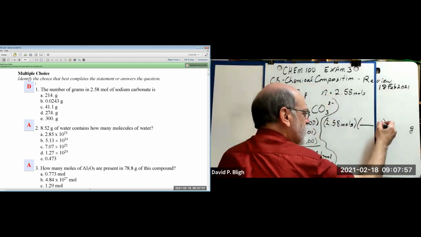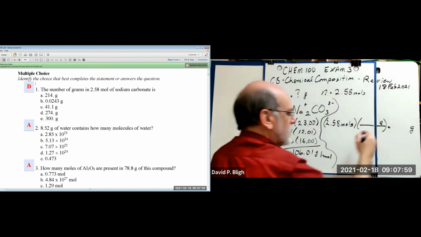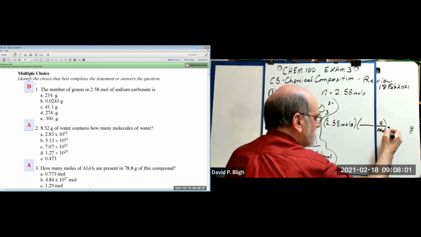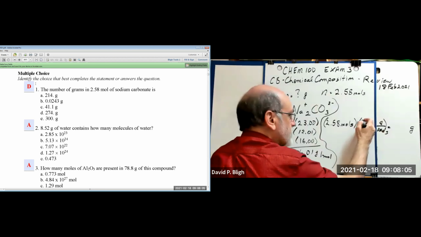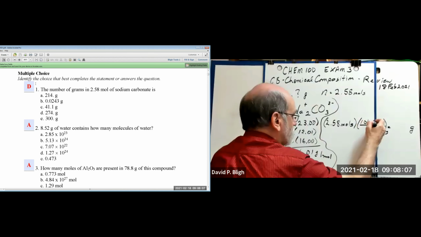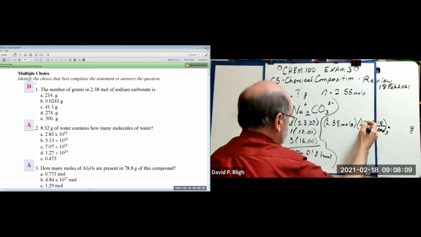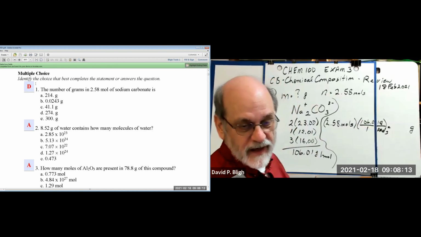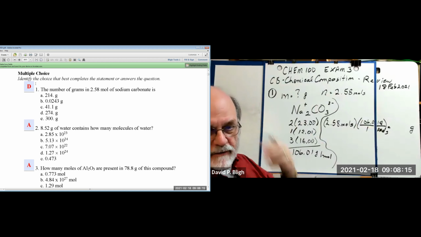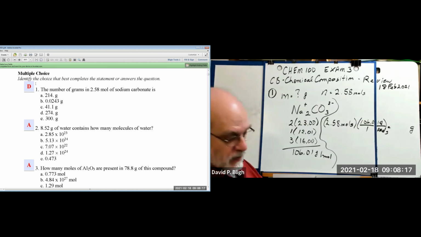So that means grams has to be on top here, and moles is on the bottom. And that's the way it is here. So 106 on top, 1, and per mole. So now that's the hard part. That's the thinking part. The rest is just number crunching.